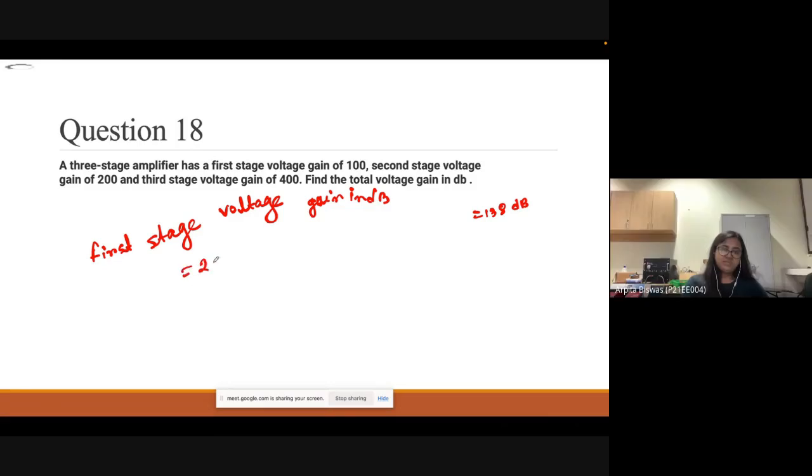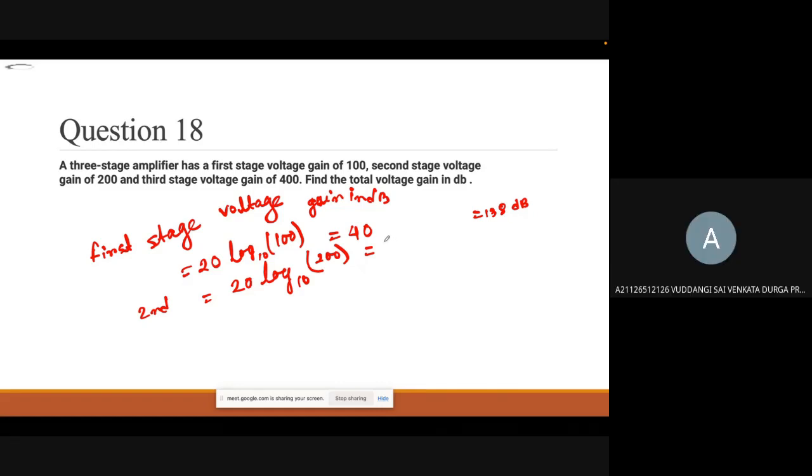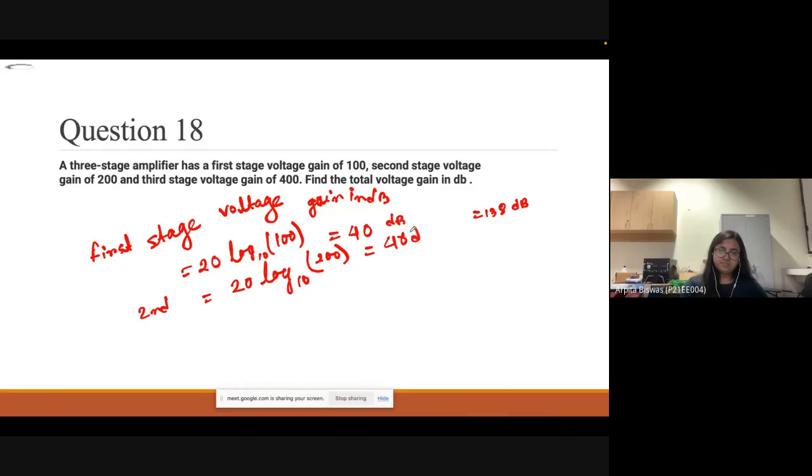Tell me, first stage 20 log base 10 of 100. What is the value of it? 40, ma'am. Okay, 40. And second stage 20 log base 10 of 400, sorry, 200. What is the value of it? 46 decibels, ma'am. 46 decibel.